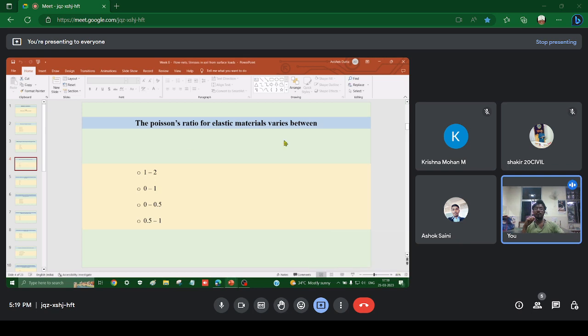The Poisson's ratio for elastic materials varies between 1 to 2, 0 to 1, 0 to 0.5, 0.5 to 1.